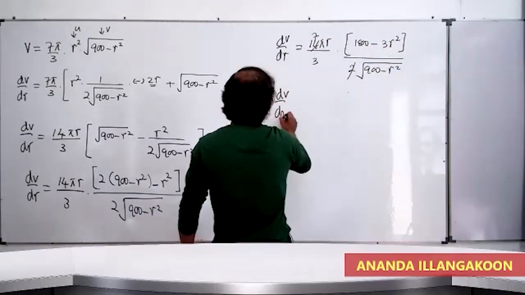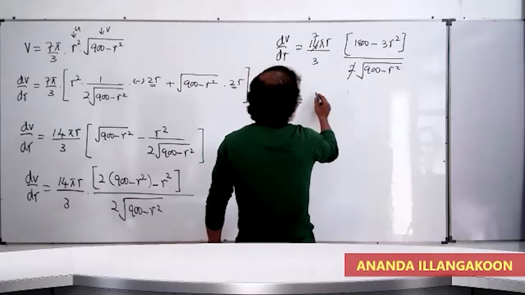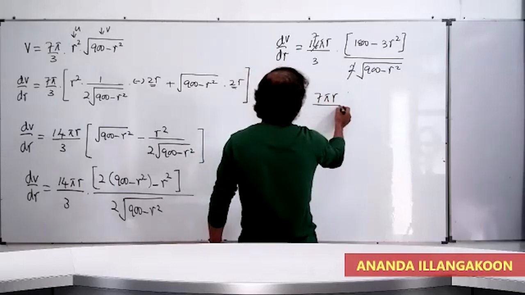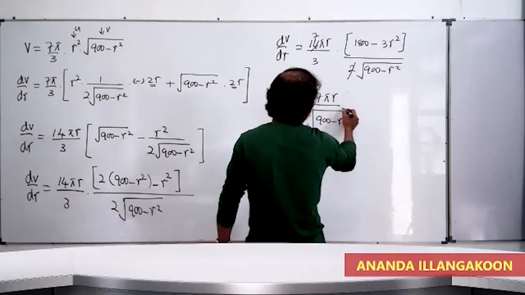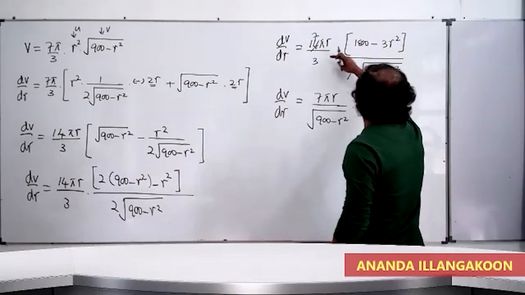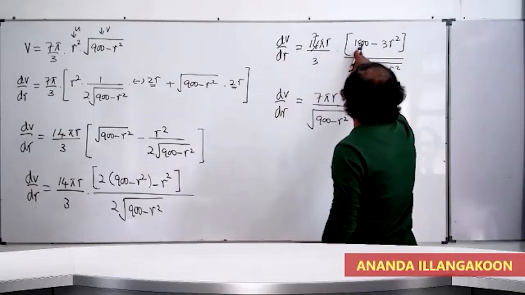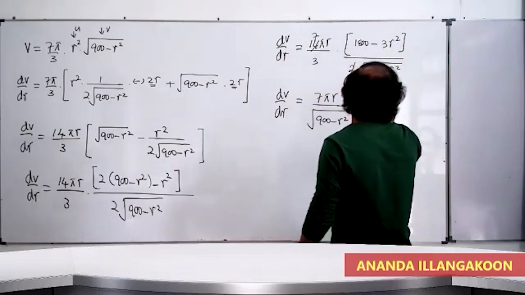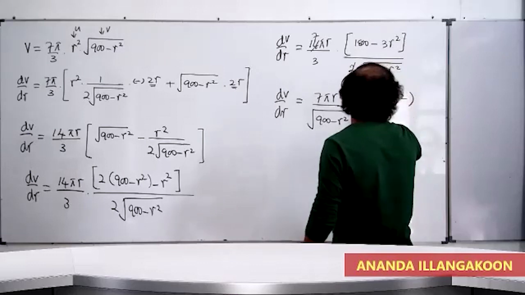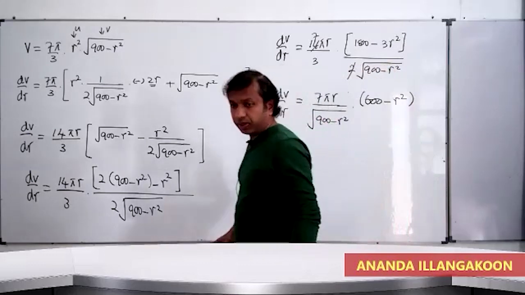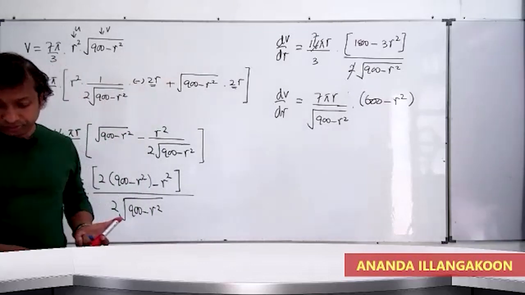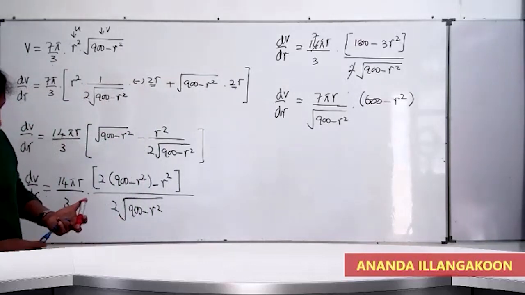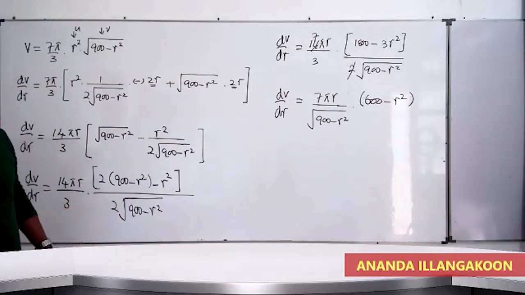Then dv by dr comes as 7 pi r divided by the square root of 900 minus r squared, times 600 minus r squared. This is what we get.